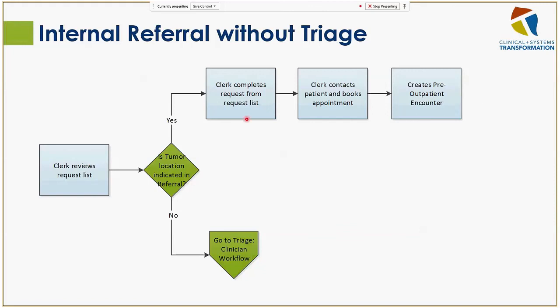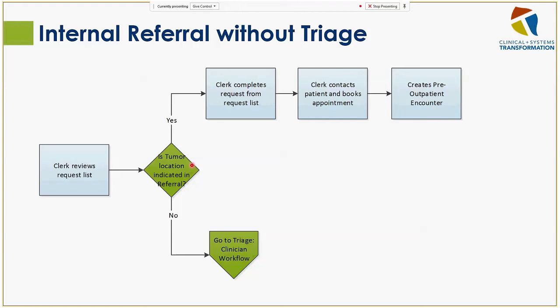So is the tumor location indicated in the referral? I specifically put that in here because if the tumor location is obvious in the referral, then the way the Vancouver site works is the clerk can complete the request from the request list, contact the patient to book the appointment, and create the pre-outpatient encounter.